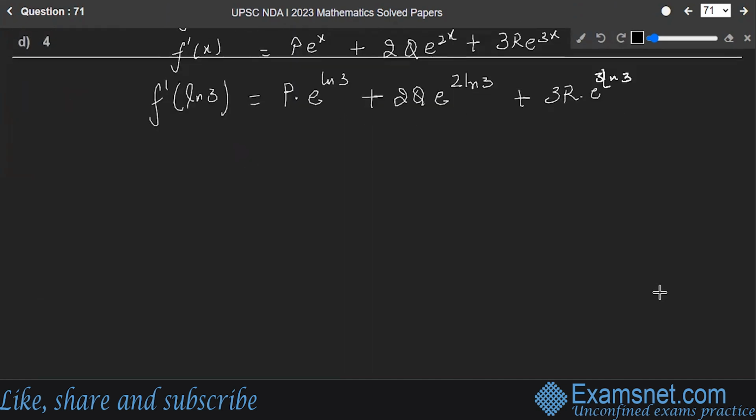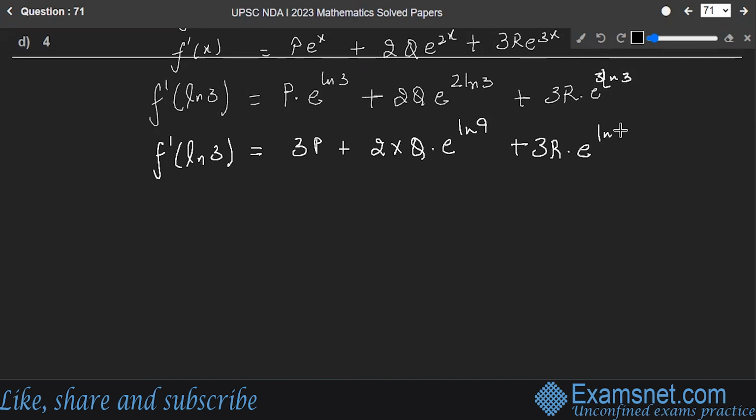Okay. Yeah. So now let's find out the values of it. This is equal to 3p plus 2 into, this can be written as q into e raised to power log of 9, because 3 square is 9, plus 3 into r into e raised to power log of 3 raised to power 3, that is 27.